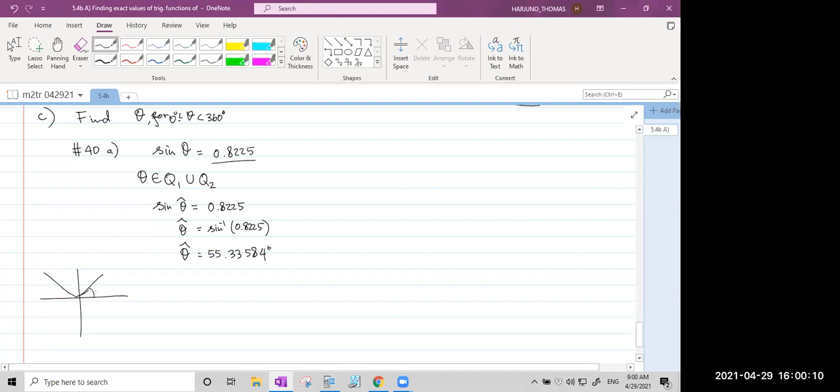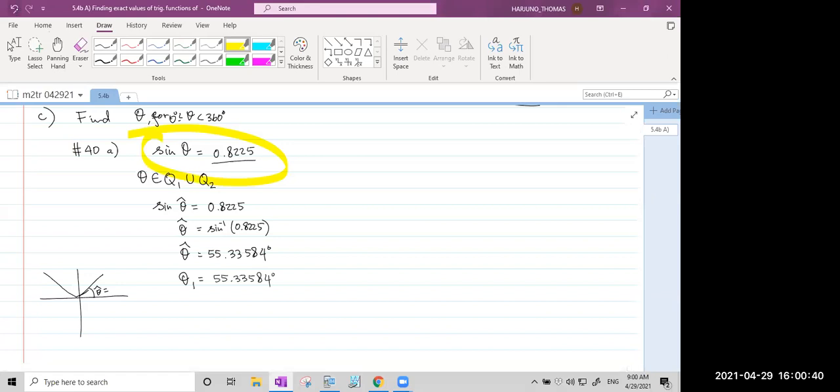In quadrant 1, if the reference angle is 55.33584, then the angle is equal to the reference angle itself. But there are two angles between 0 and 360 degrees that give us that sine value. One of them is in quadrant 1, that's what we got. How about in quadrant 2?